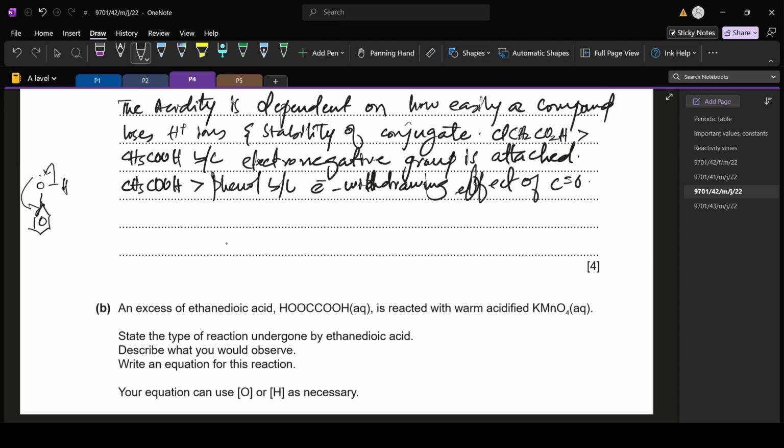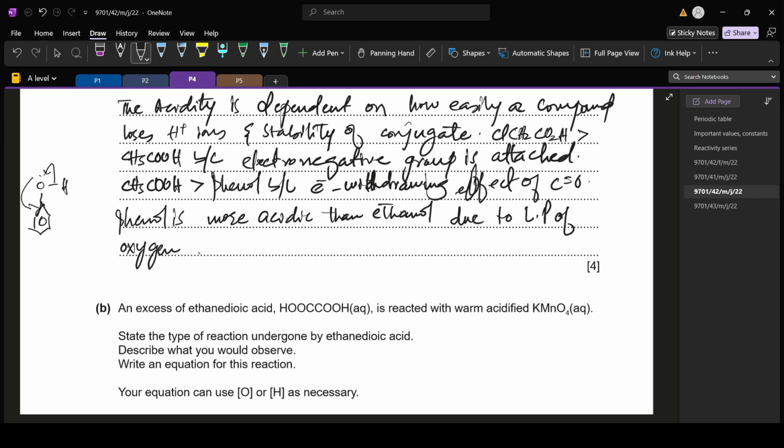So phenol is more acidic than ethanol due to the lone pair of oxygen delocalized into the ring. And lastly you can also say that ethanol is the weakest because in ethanol there is an electron donating group attached.